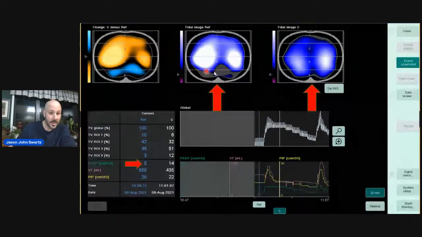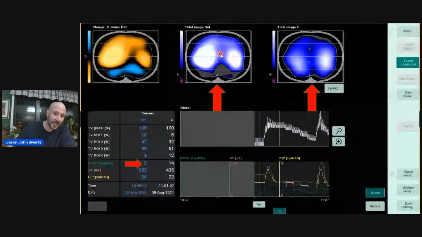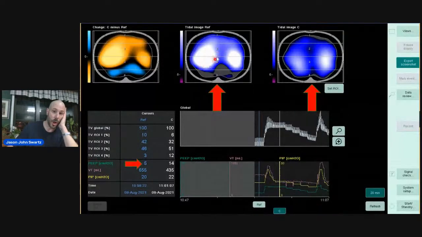And because this opened, some of this volume that was here with this intense white was trapped here. Well, when it opened the dorsal, not only did you gain in the fourth layer, the dorsal region, you redistributed. You lost some of this volume because now there was room down here. So here's the redistribution from the more ventral and mid-ventral areas to the dorsal region, indicating recruitment.